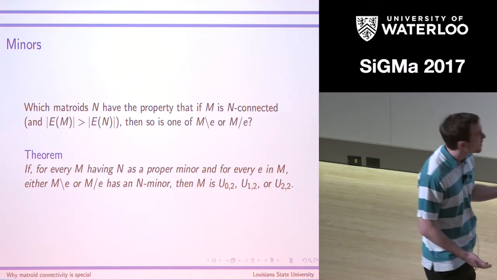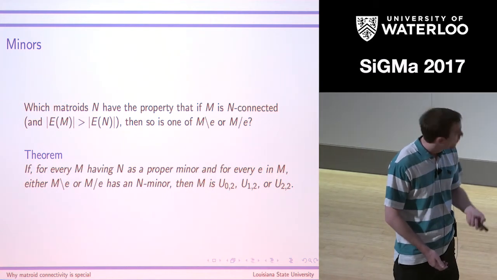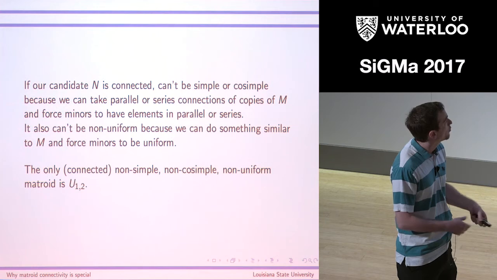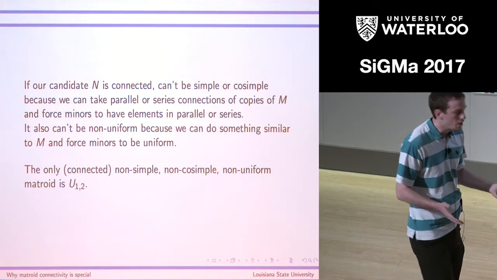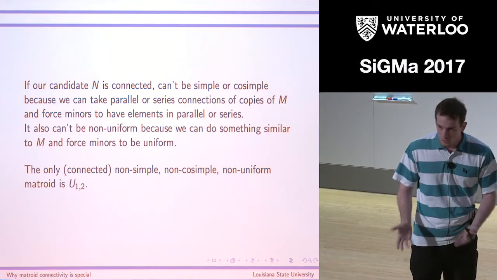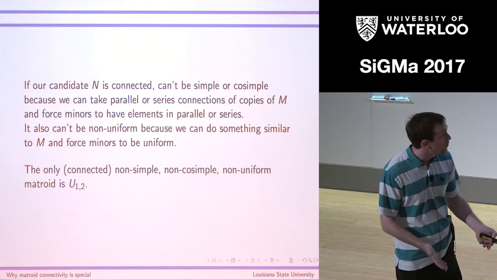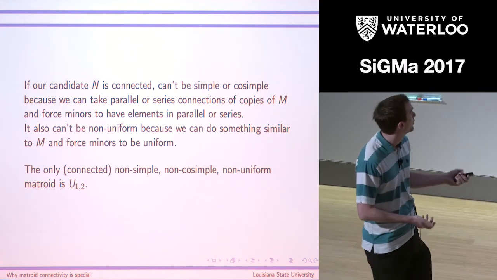These are the only three matroids that have this property. So I'll spare you the details of that proof. But for the connected case at least, the idea is we show that our matroid can't be simple, it can't be cosimple, and it can't be uniform. And the only matroid that satisfies that is U12.